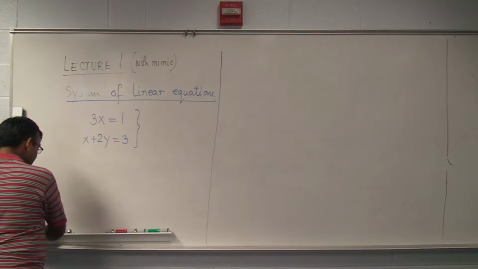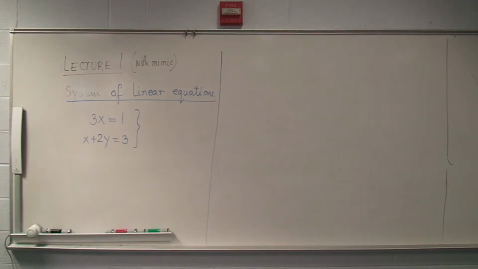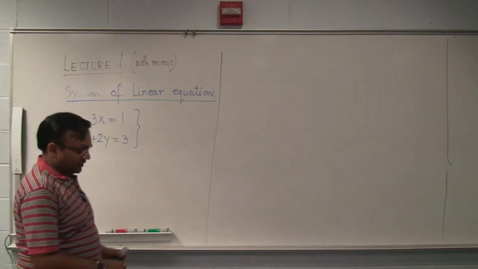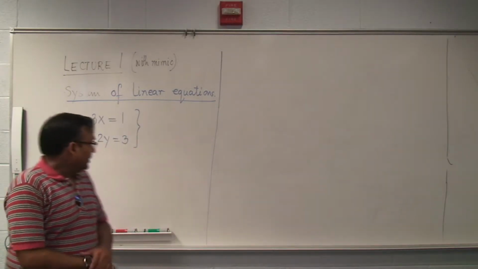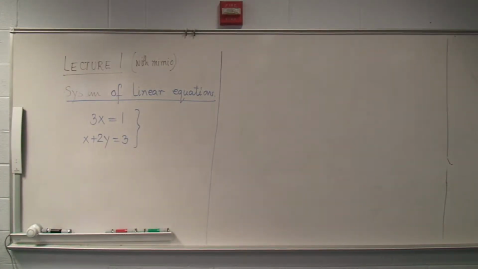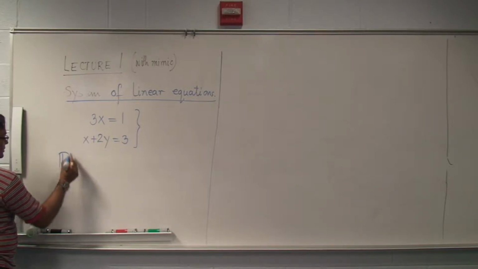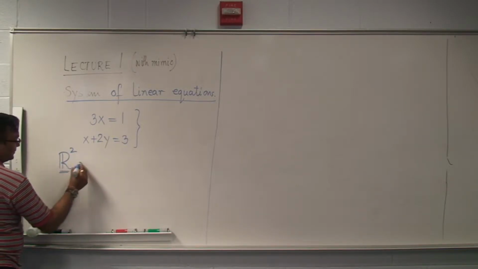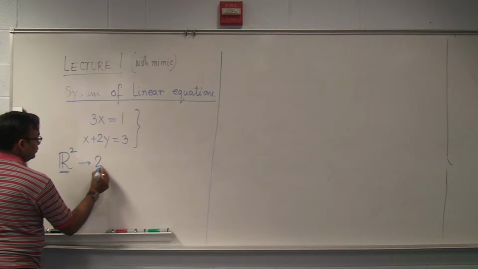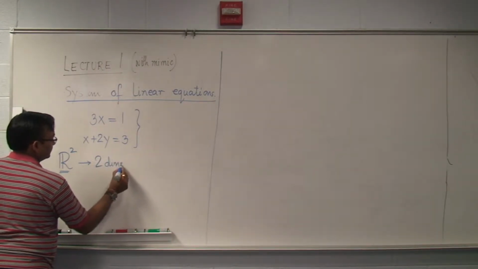Let's come back to the same system we started with. As you can see, there are 2 variables or 2 unknowns, x and y. So at least we know that we are working in a 2-dimensional space, or maybe a higher dimensional space. But let us focus for now on the 2-dimensional space, which we will represent as R2.